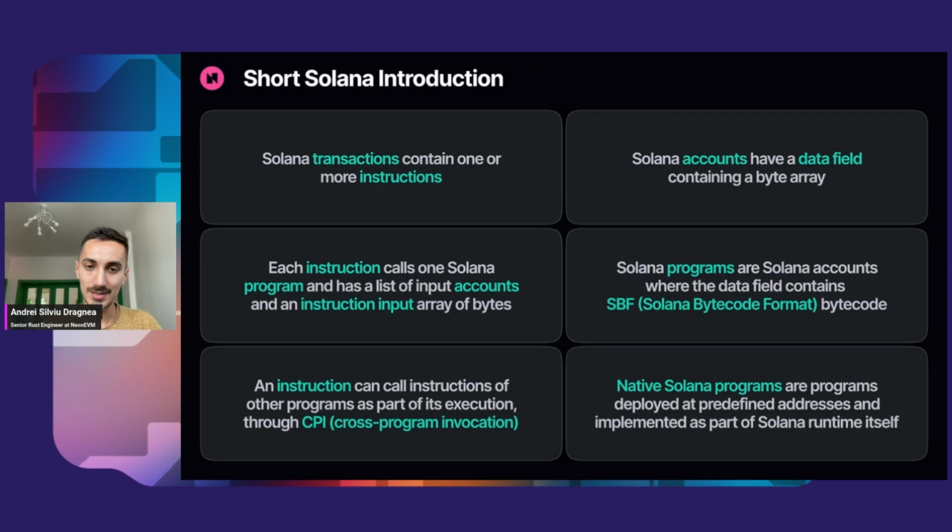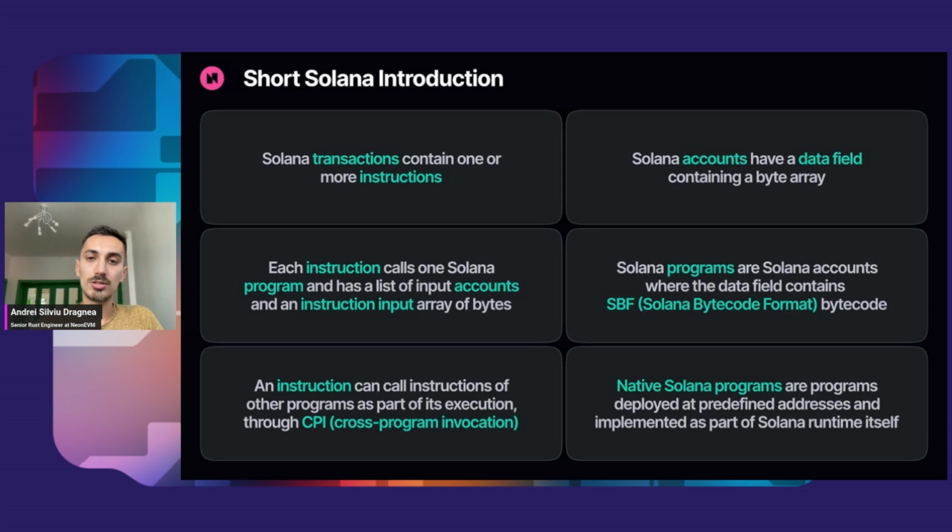I will start this presentation with a short introduction on Solana terms so everyone knows what we are talking about. As you might know already, Solana transactions can contain one or more instructions. Each instruction can call only one Solana program and has two inputs, a list of accounts and an instruction input array of bytes. An instruction can also call instructions of other programs as part of its execution through a mechanism called CPI, which comes from cross-program invocation.